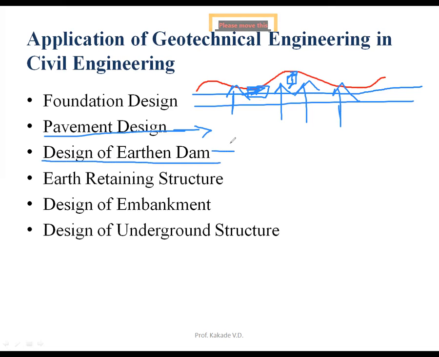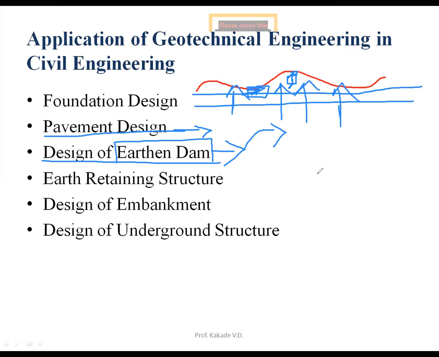Designing the earthen dam. An earthen dam is made using earthen material like boulders, rock, soil, murum. Using different soils, we provide a barrier to the stream or create the reservoir. So constructing an earthen dam requires a special type of soil at its different components.